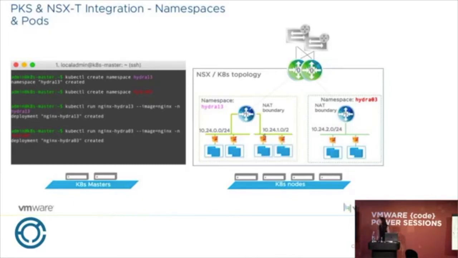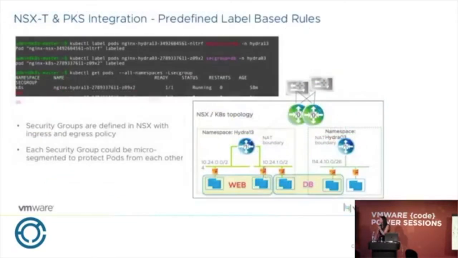And if you look at this design then, what I have now is predefined labels and rules. So guys, notice that again, this is the view from my K8s admin. So basically doing my kubectl commands and adding the labels to create my web and my DB.